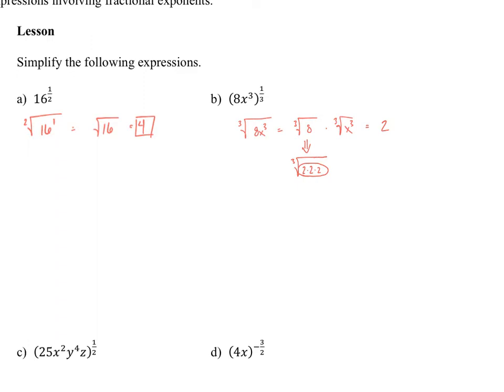So essentially, if you've got 3 of these guys under here and you're taking the cubed root, then 1 comes out, and you end up with a 2. The same thing is happening here with this x cubed. So we have the cubed root of x times x times x. Well, what is it that if you multiply it by itself 3 times gives you x cubed? It's x. So the cubed root of x cubed is x. So the answer here then is 2x.